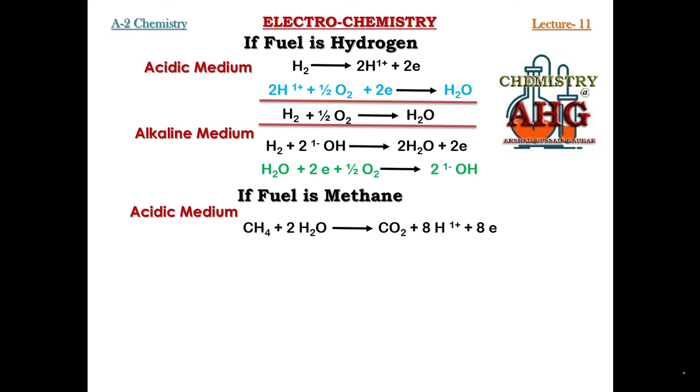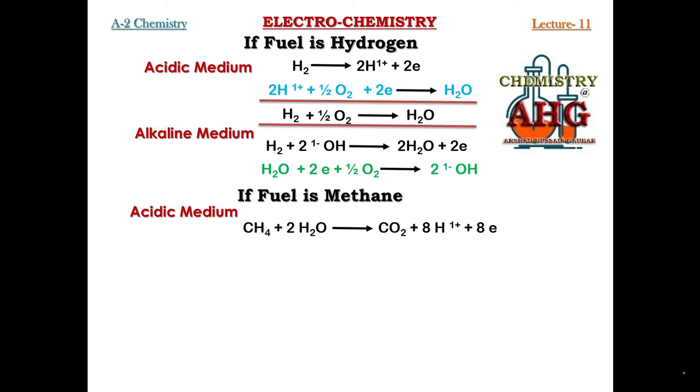What I have done, look at this. There is one carbon, I have converted that carbon into carbon dioxide. What next? How many oxygen atoms are on the right hand side? When carbon dioxide was produced, it was produced having 2 oxygen atoms. How is oxygen balanced? By adding water. How many mole of water did we add on the left hand side? We added 2 mole of water.